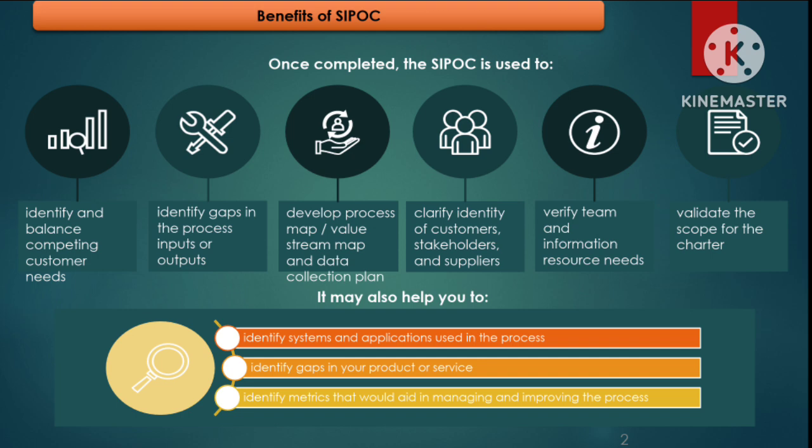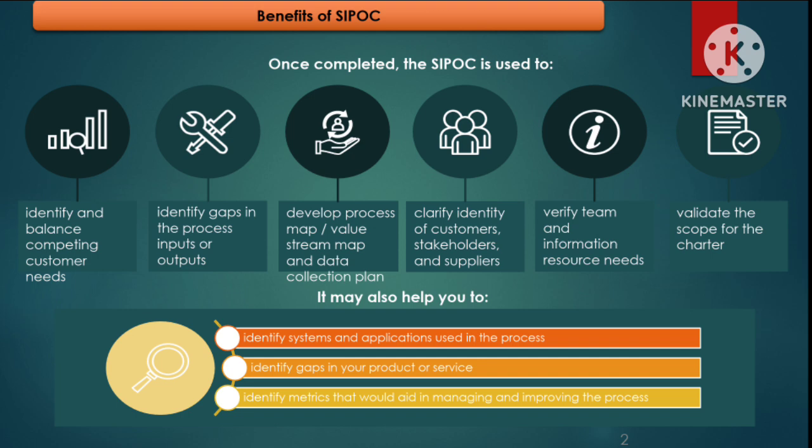This further helps us to develop process maps, value stream maps, and data collection, because in this process we are gathering some inputs, right? We are collecting the information of suppliers, inputs, process steps, and the customers. So this will further help us to build our further details like the process map and the value stream map. It helps us to identify the customers and stakeholders for us, right?